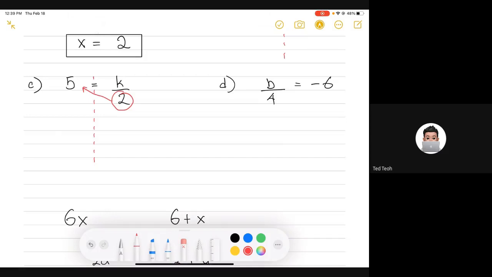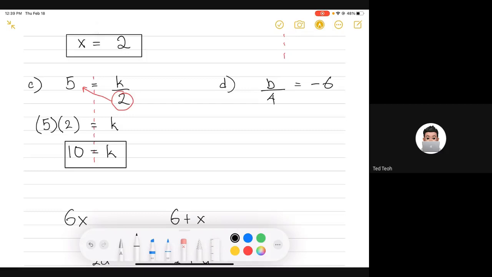So in this question, it's going to be 5, which was already there, multiplied by 2. Then I'm left with the k by itself, which is kind of what we did in previous chapters. 5 times 2 is 10 equals k, and that's my final answer. That's how you isolate a variable when you have a fraction.